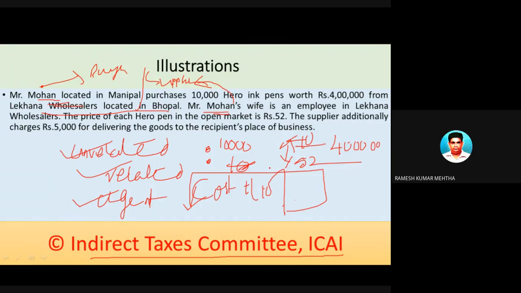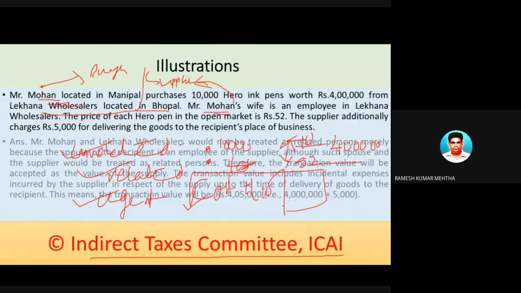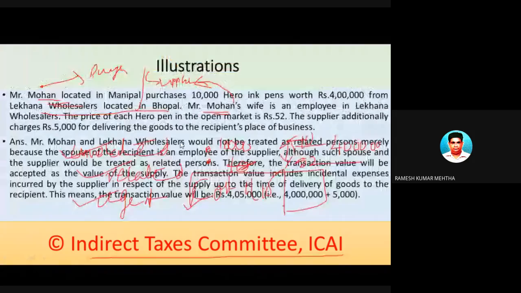So let's look at the answer, because we have to first identify in which situation this particular numerical problem is categorized. The answer is now in front of you.